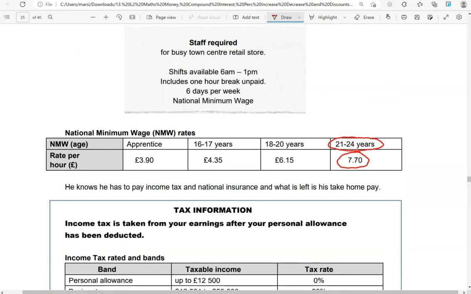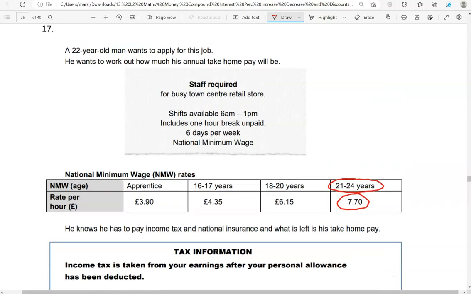So we've got the rate of pay. Let's see how many hours he's going to work. So 6 a.m. to 1 p.m., but it includes 1 hour break that is unpaid.